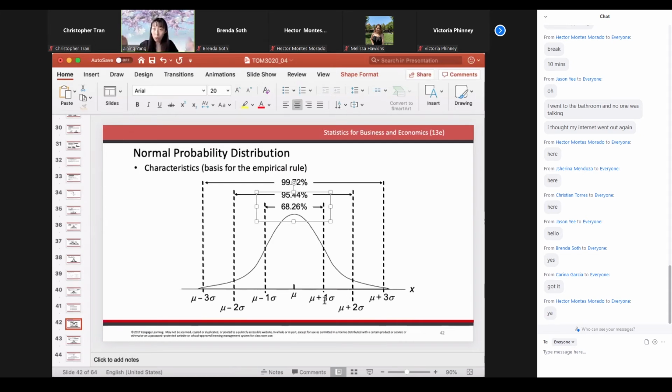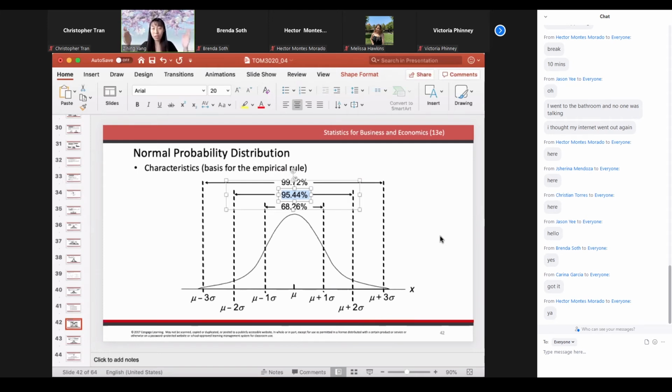If we keep going from the mean, 2 standard deviations, mu plus 2 sigma or mu minus 2 sigma, we actually cover 95% of the data points. So this is more of a threshold. Within 95%, it's sort of most of the data points.